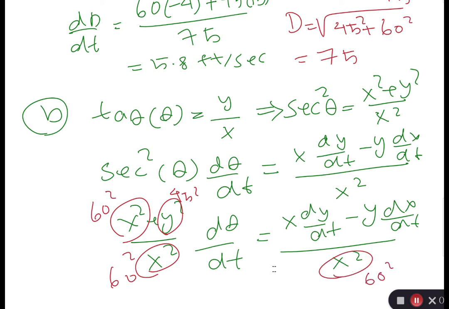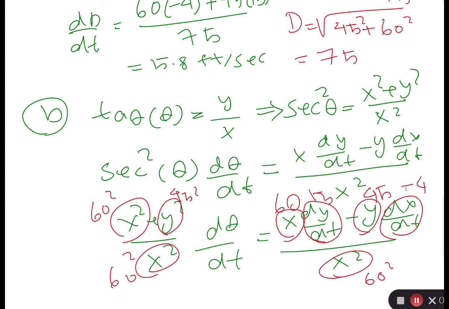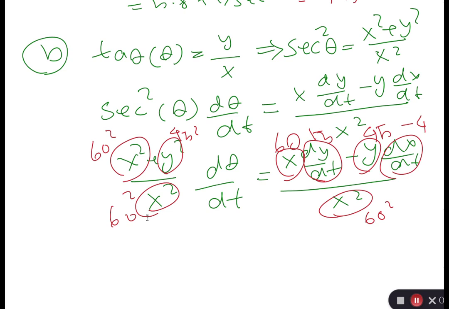Incidentally, these two simplify together, so I don't even have to compute it. Then 60 times 15, minus 45 times negative 4, and so you can compute d theta/dt, which is approximately 0.112.